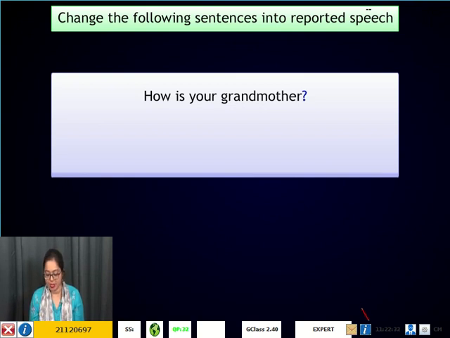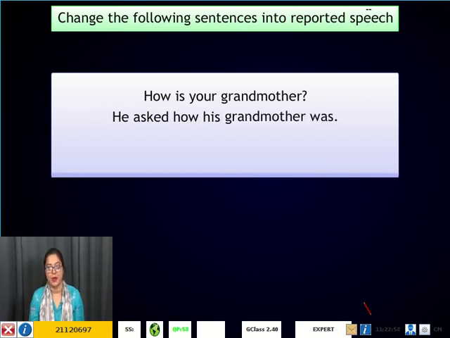In order to convert from direct to indirect, we are supposed to write, he asked. Then you see what is there: he asked how his grandmother was. So, how is your grandmother? He asked how his grandmother was.